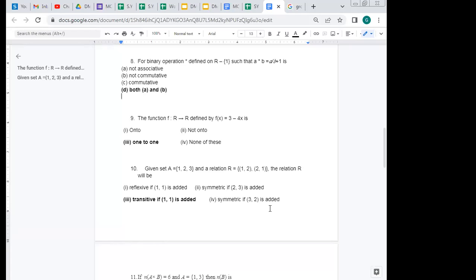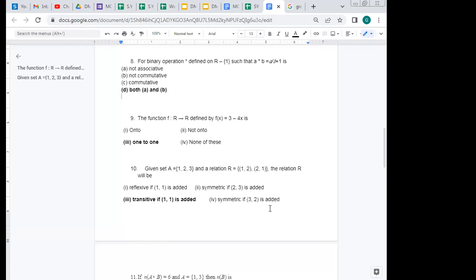Will it be reflexive only if (1, 1) is added? No, ma'am. To be reflexive, we have to add (1, 1), (2, 2), and (3, 3), all the things. Will it be symmetric if (2, 3) is added? No, ma'am, because (2, 3) is added, (3, 2) is not there. Symmetric if (3, 2) is added? No, it's not the case. And the correct one is transitive if (1, 1) is added.